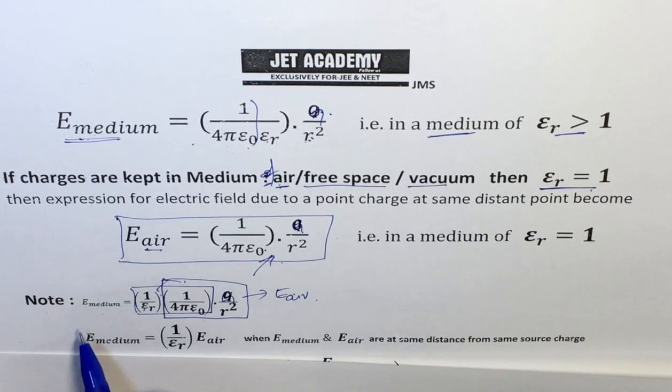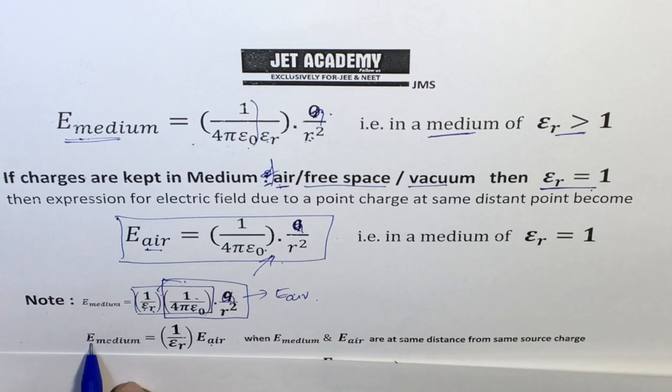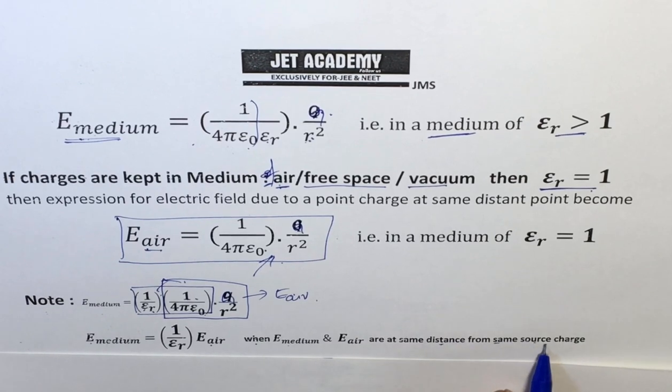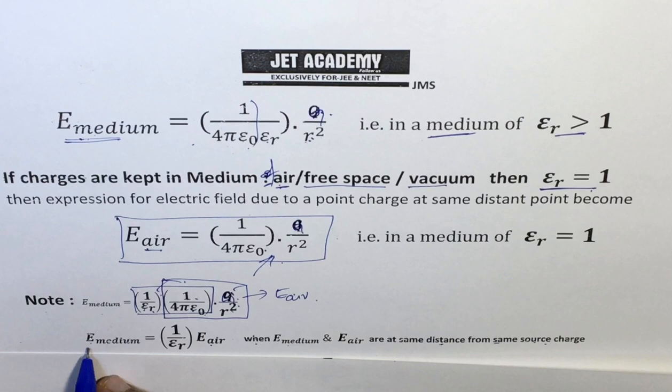So E medium is equal to 1 upon epsilon r times E air, when E medium and E air are at the same distance from the same source charge, meaning Q and R should be the same in the medium as well as when kept in air.